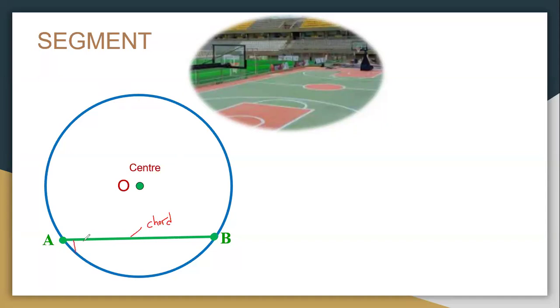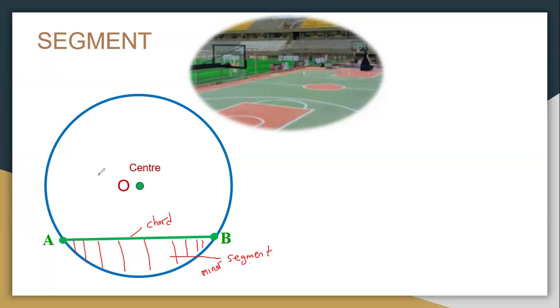Now, one of the parts it is going to form is this part that I've shaded here down. This part I've shaded here, we call it a segment. But like I've said, when it comes to these parts, you are noticing that you have this smaller one and also you have this bigger one. So the smaller one is what we call the minor segment.